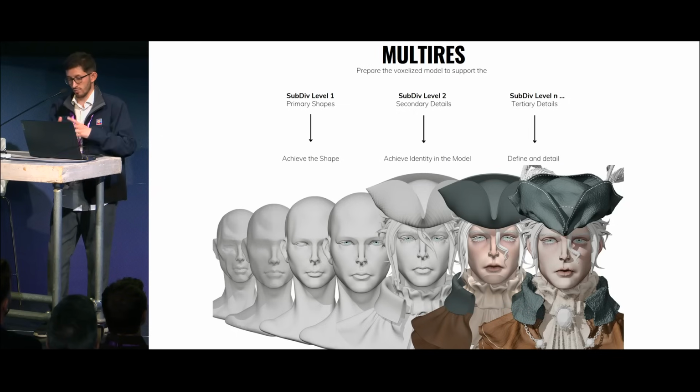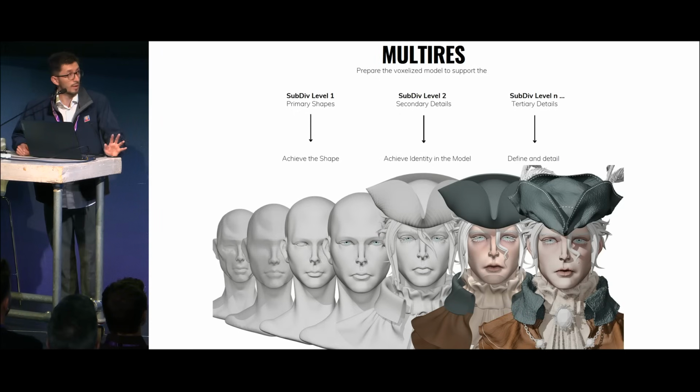So you can start sculpting with a 10 million polygon mesh, and you can increase that if you make some sort of retopology and try to bake those details of the voxelized model in that retopology. You can plug in a multi-res modifier and start increasing the amount of details in an incremental way.